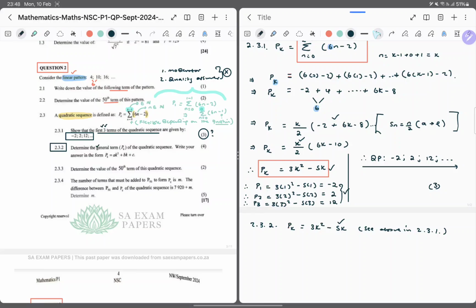So let's mark them differently so that you can know how these marks could still be given. So this mark would be for knowing the number of terms in there, right?